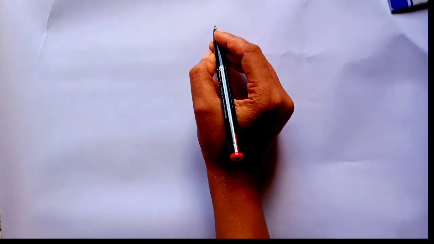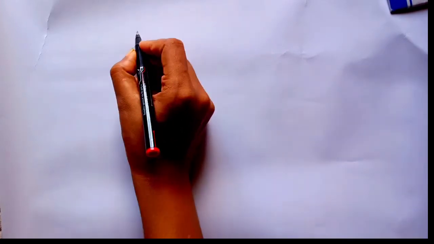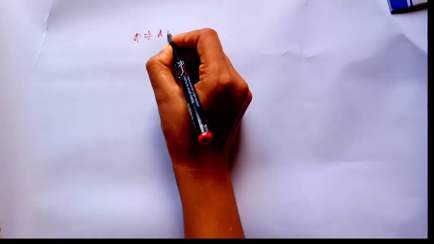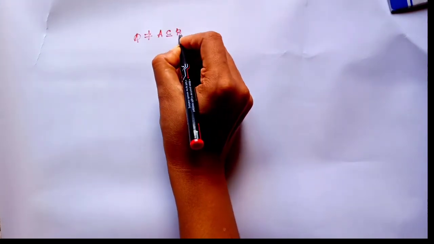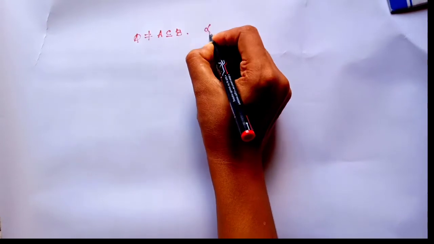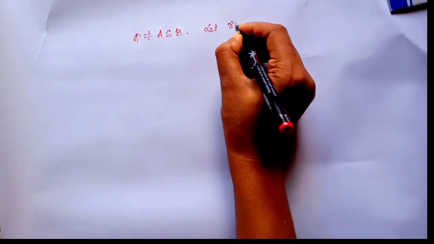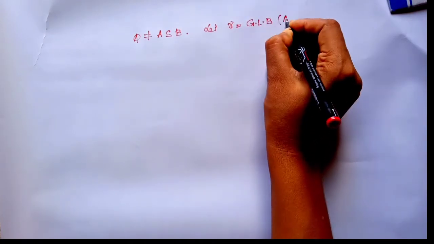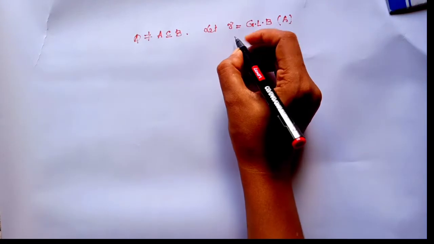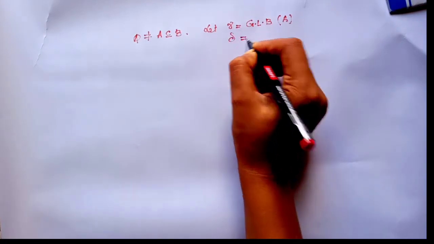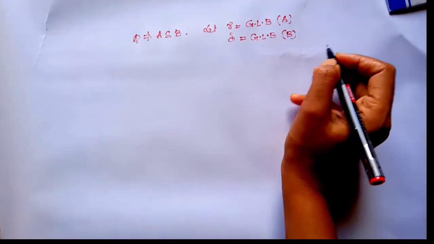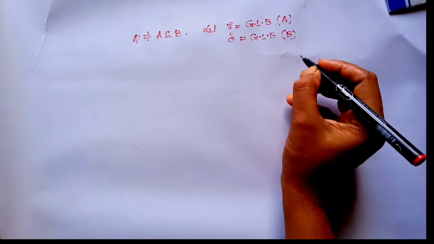Let's see some properties of GLB. Let A be any non-empty set and let gamma equal to GLB of A and delta equal to GLB of B. Let's look at the picture.